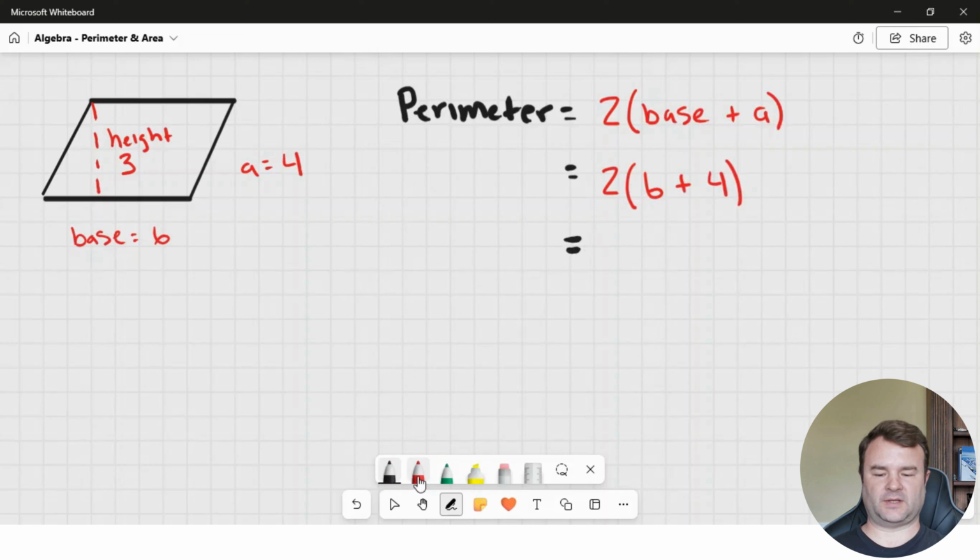Quickly solving this, we have 2 times 6 plus 4 is 10, or the perimeter is equal to 20. So the linear distance around this parallelogram is 20 feet, 20 meters, 20 centimeters, 20 decimeters, whatever your unit of measurement is. Now let's go ahead and calculate area.